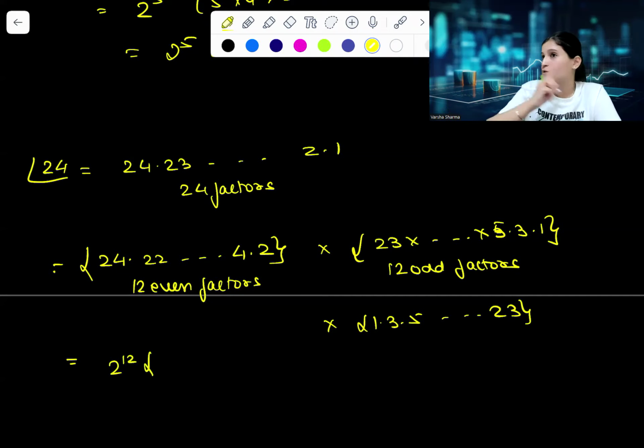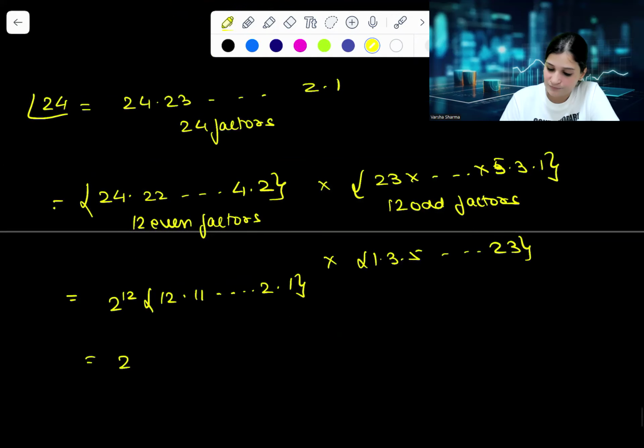From 24, I took a 2 outside, 12. From 22, I took a 2 outside, 11. From 4, I took a 2 outside, 2. From 2, I took a 2 outside, 1. Which can be written as 2 power 12 into 12 factorial into the remaining all the odd numbers.